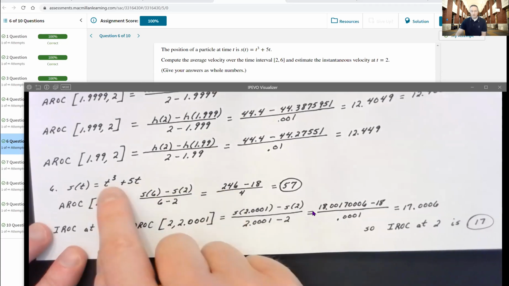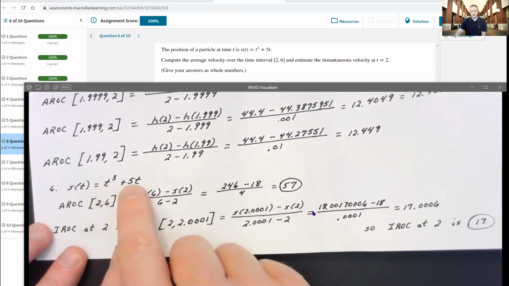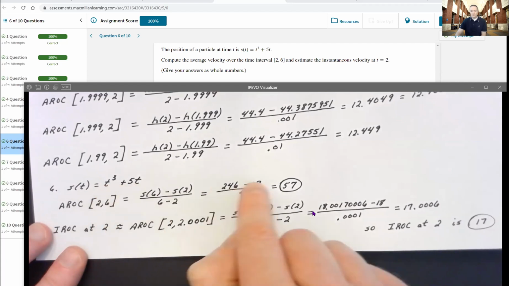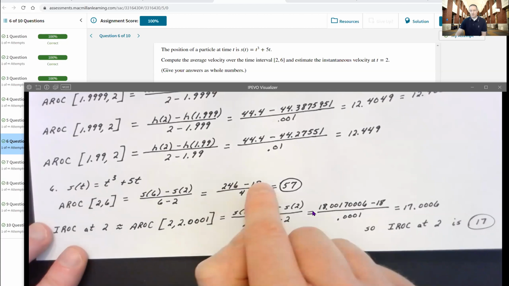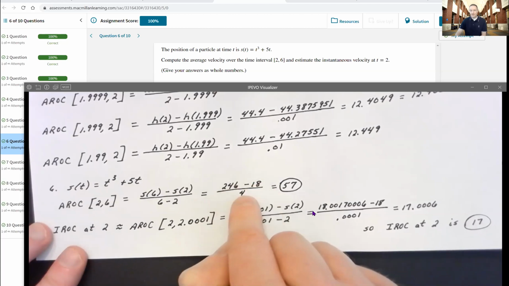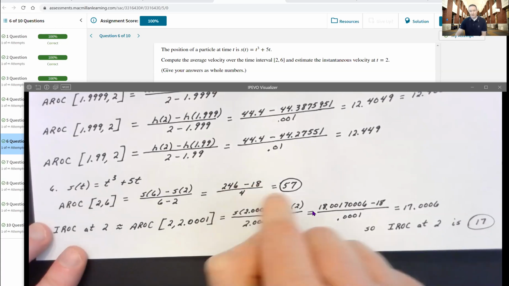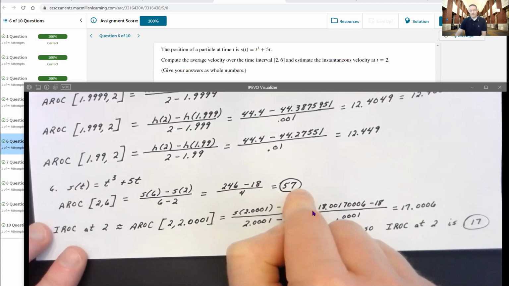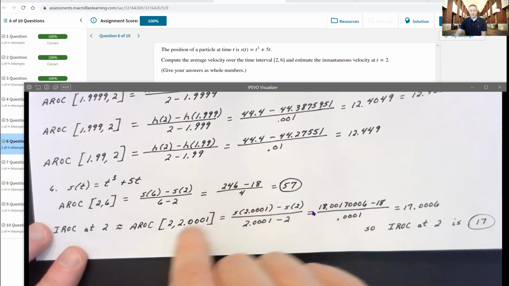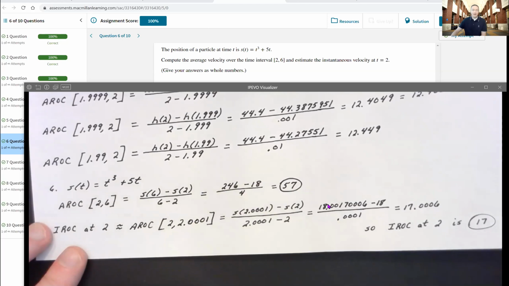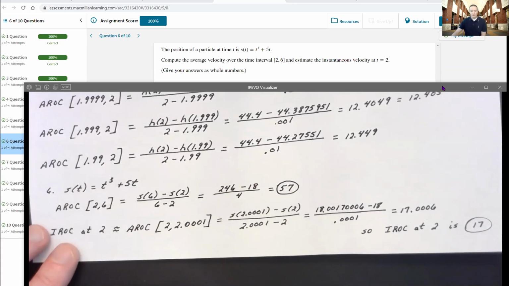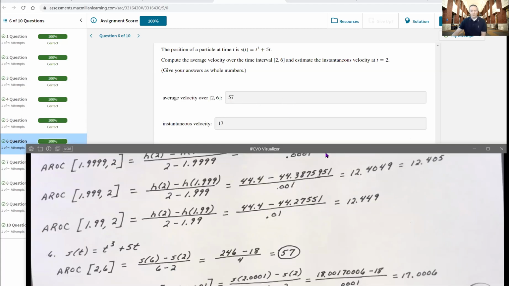When I plugged a 2 into the function, I got 8 plus 10 for 18. We subtract the numerator, ending position minus beginning position, divided by the time differential of 4 seconds. And this is going at a rate of 57. I don't think units was even given in this problem, so I can't call it 57 meters per second. It's just an average velocity of 57 units per unit, whatever it would be in this problem. And you can see that that is what they wanted.